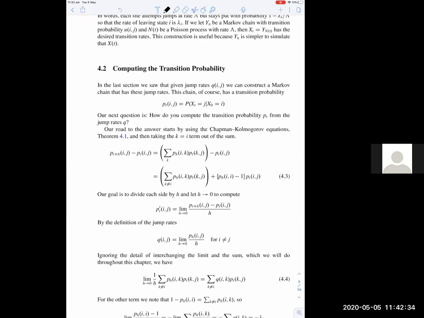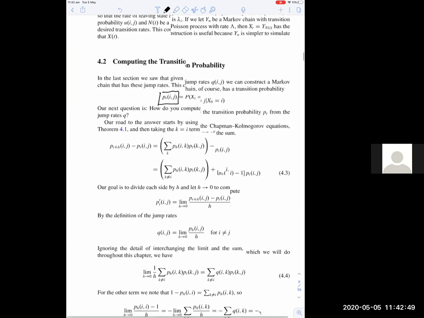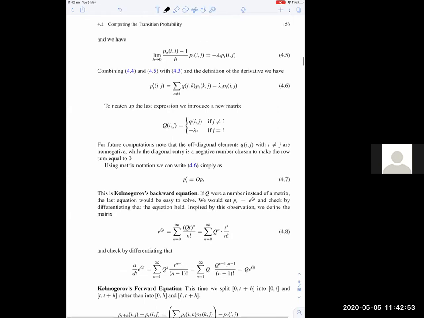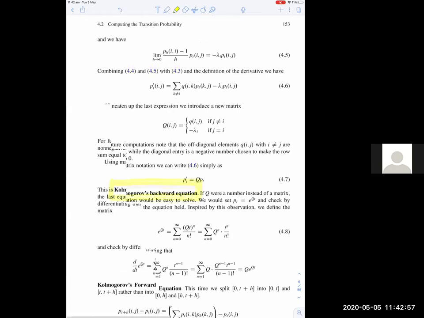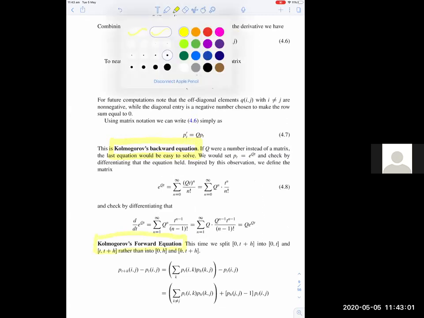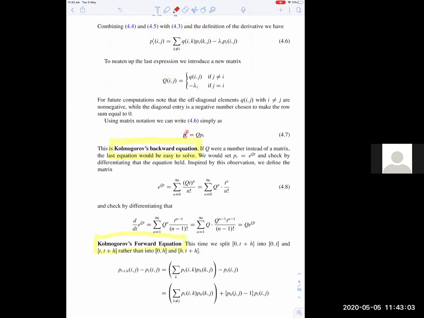Section 4.2, computing transition probability. The big thing you need to come out of this section with is understanding how you compute these transition probabilities P_t(i,j). There'll be two results: the backward equation and the forward equation. These equations are, you guessed it, your favorite differential equations.